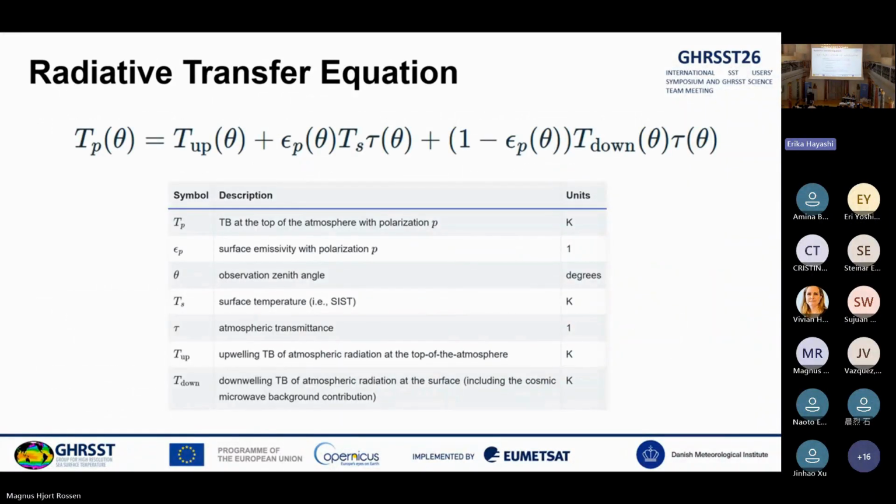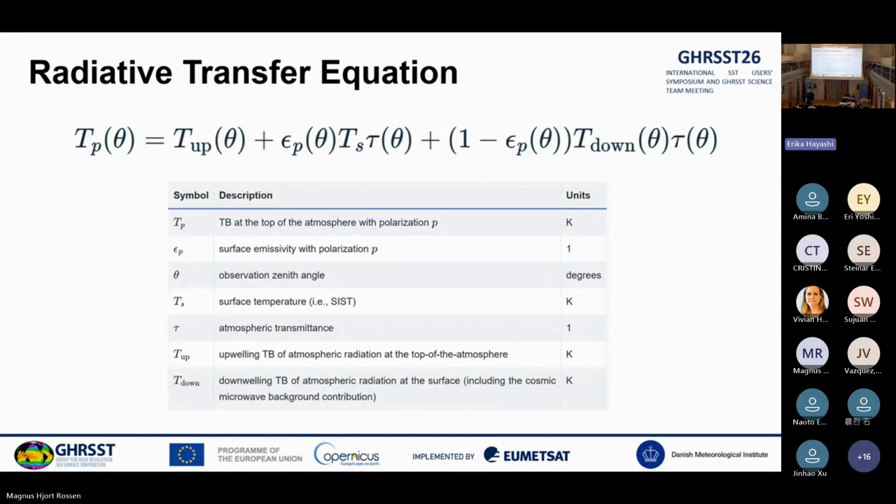And here is the radiative transfer equation that is used for the retrieval. On the left-hand side, there's T_P(theta), the brightness temperature that will be measured by the satellite at incident angle theta and polarization P. T_up is the upwelling brightness temperature from the atmosphere.